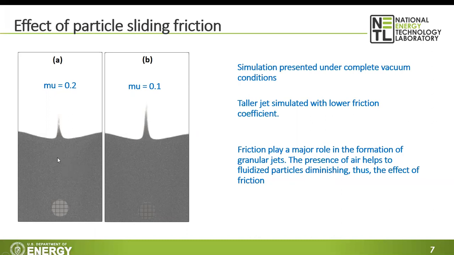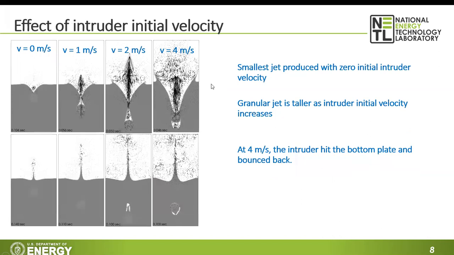When you introduce air, the fluidizing air lowers the apparent frictional force between particles because it fluidizes them. So I say here that friction plays a major role in the formation of the granular jet. The presence of air helps to fluidize particles, diminishing the effect of that apparent friction.